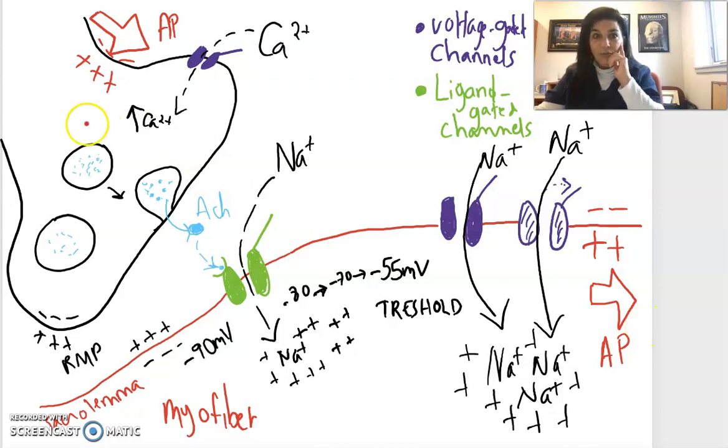We have the action potential on the neuron that has been reproduced on the surface of the sarcolemma. Now the muscle cell is excited, and the action potential is going to go forward on the surface. So in the next video, I will explain the next step, which is excitation contraction coupling.